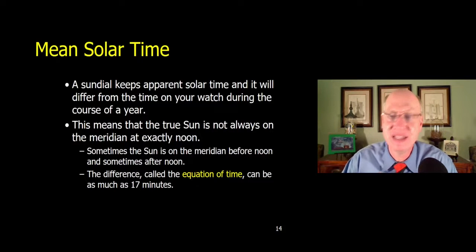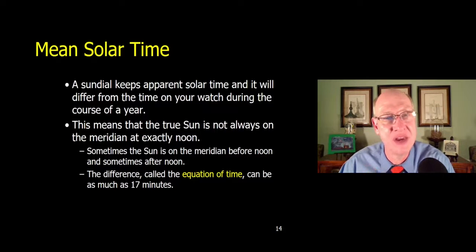But in fact, because the time on your watch and your phone and apparent solar time vary throughout the year as the Earth speeds up and slows down, sometimes the sun is on the meridian early and sometimes the sun is on the meridian late. The difference between when the sun is actually on the meridian and when our clock tells us it's noon is called the equation of time.